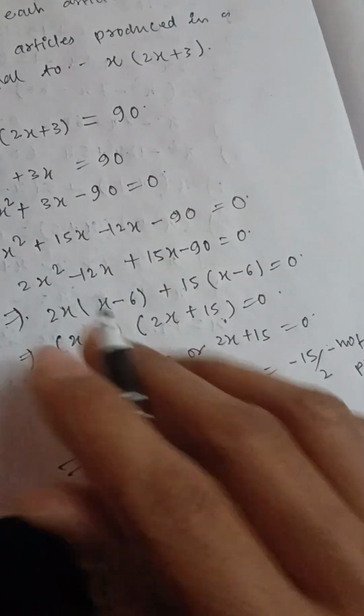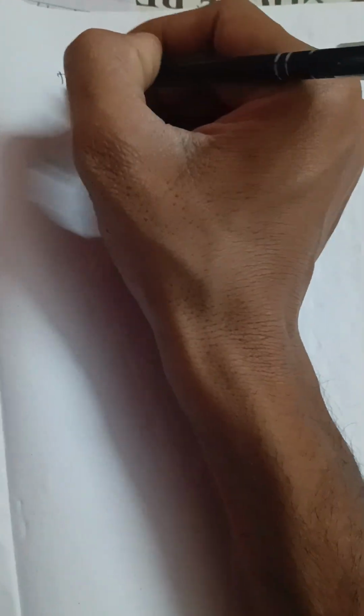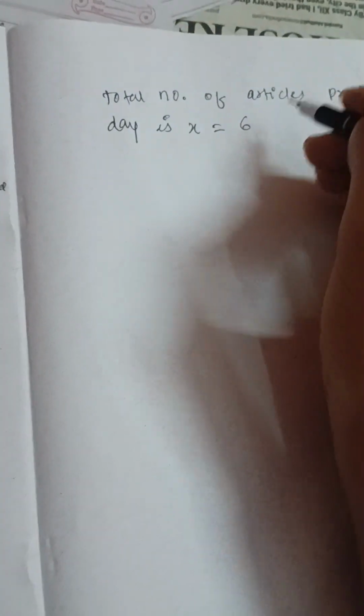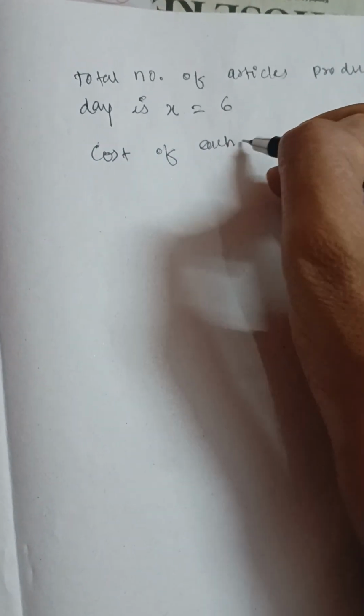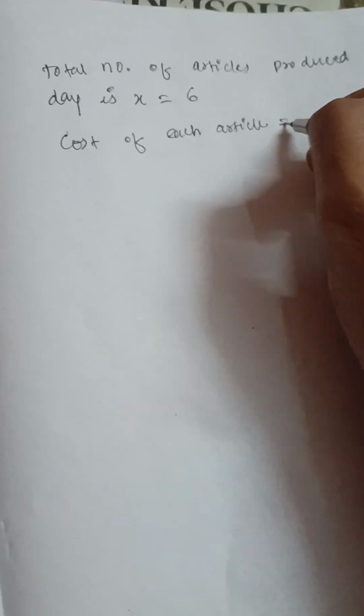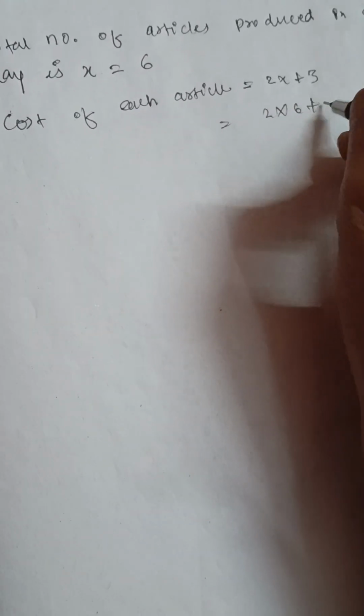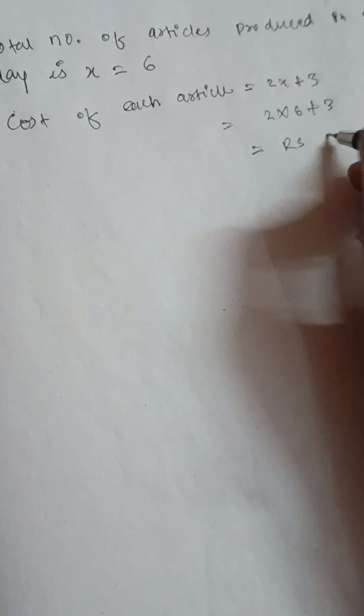Then x equal to 6, that is, the total number of articles produced in a day is x equal to 6, and the cost of each article equal to 2x plus 3 equal to 2 into 6 plus 3 equal to Rs 15.